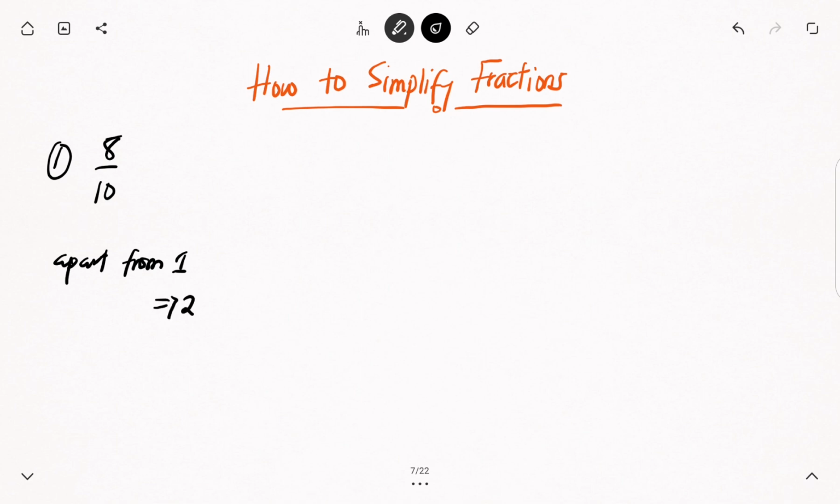Now, 4 can go into 8, but 4 cannot go into 10 exactly. The same way, 5 can go into 10, but will not go into 8 exactly. So the only number which satisfies the criteria here is 2.